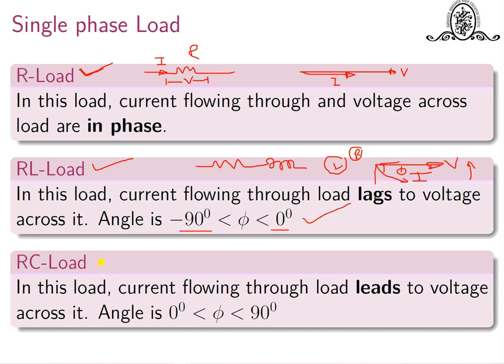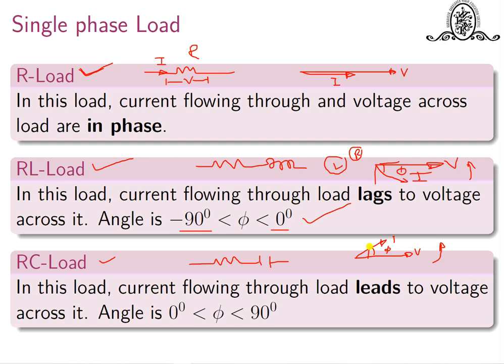Next, we'll see what an RC load is. In the case of an RC load, a resistance and a capacitance are connected in series. When they are connected in series, suppose this is the voltage, the current leads the voltage by an angle phi. In this way, we can see that the current is leading.